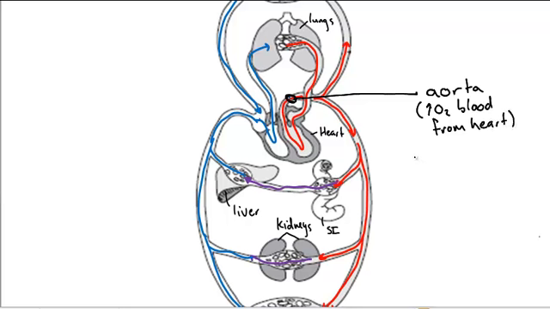The aorta then splits to a vessel that heads up to the head. It's called the carotid. So your carotid artery. Again, this is high O2.